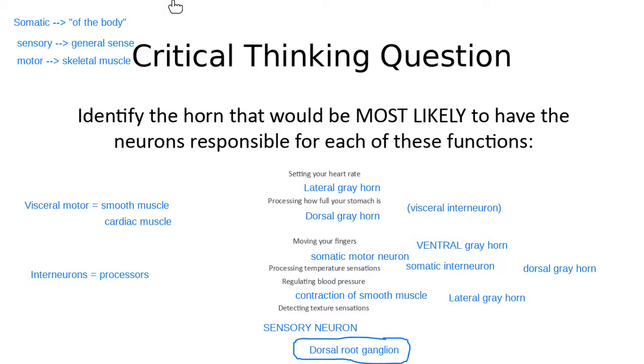So here, let's do a whiteboard. Maybe that'll help us here. Here's my options in the body. I have somatic sensory neurons. I have visceral sensory neurons.